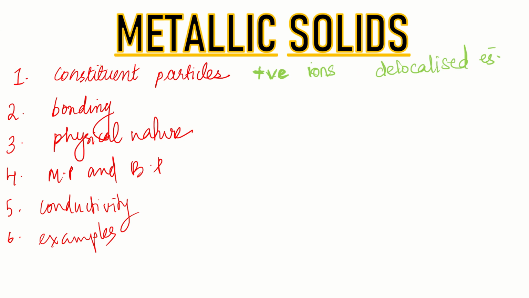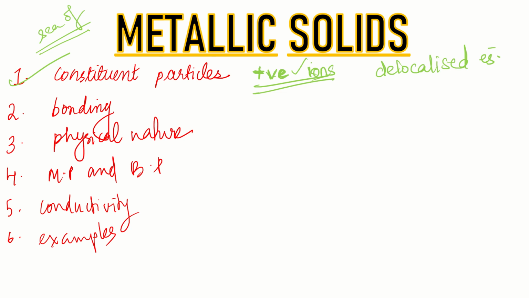Now, why am I using words like in a sea of? This is because there are plenty of delocalized electrons, and here and there in between we have some positive ions. So the constituent particles are some positive ions in a sea of delocalized electrons. So you understood what the constituent particles in metallic solids are, right?